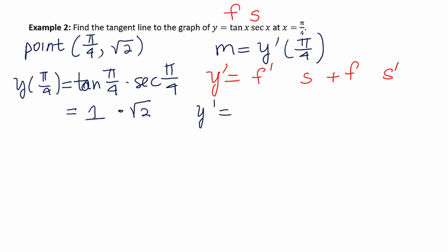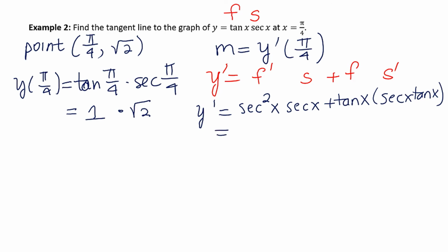Y prime is equal to the derivative of the tangent we just learned is secant squared x. The second function is secant x. Then we write the first function, which is tangent x, and the derivative of secant x we just learned is secant x tangent x.